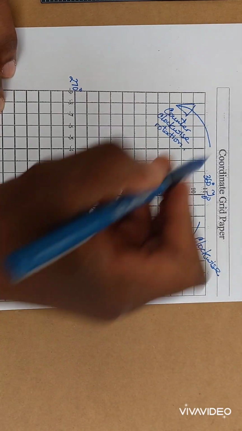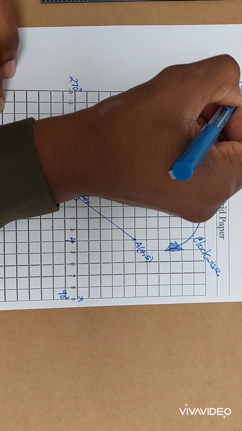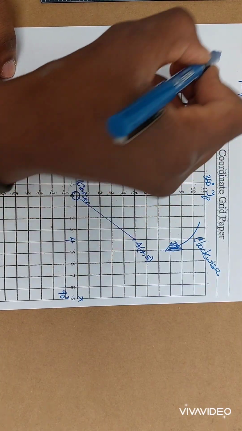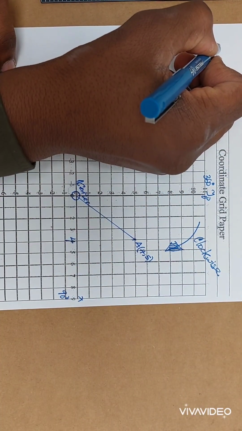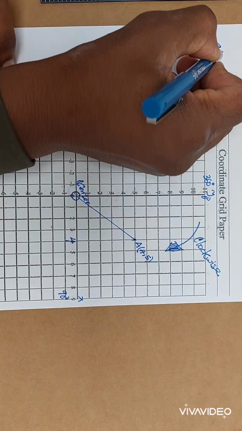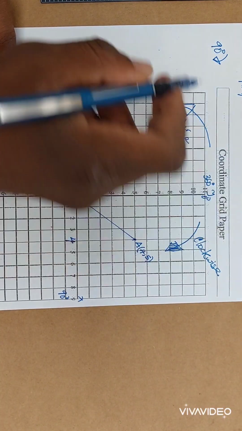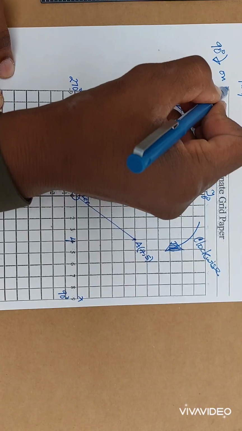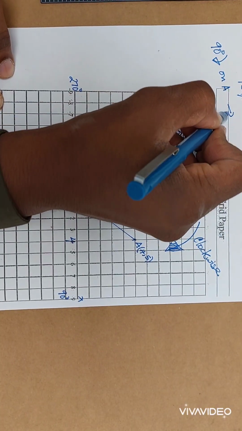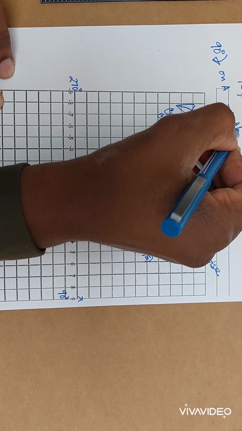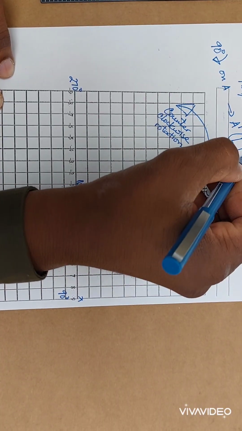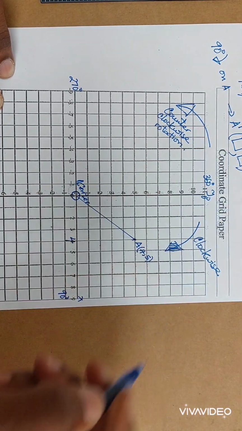So let us perform the following rotations. Let's perform a 90 degrees clockwise rotation. You see this arrow here means 90 degrees clockwise rotation on A, okay, and we want to see what the coordinates of A prime, the image, will be after we perform that rotation.